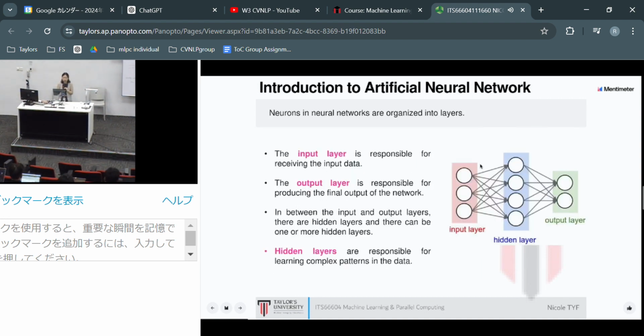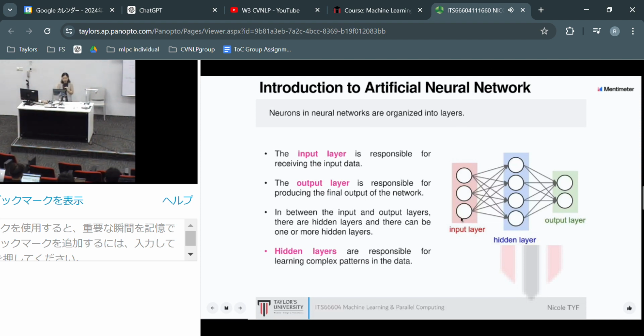So neurons are usually organized into layers. We usually have an input layer that is responsible for receiving the input. Then we also have the output layer, which gives us the prediction. And in between this input layer and output layer, there are a lot of hidden layers.